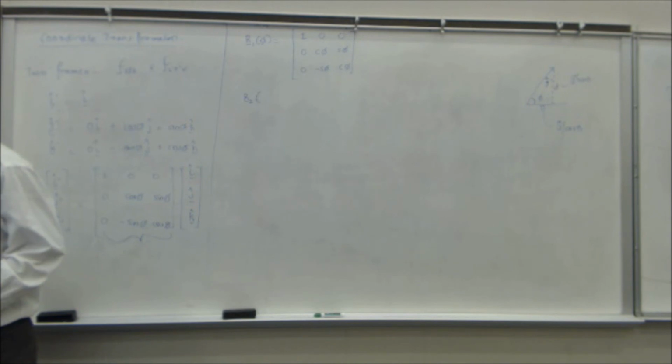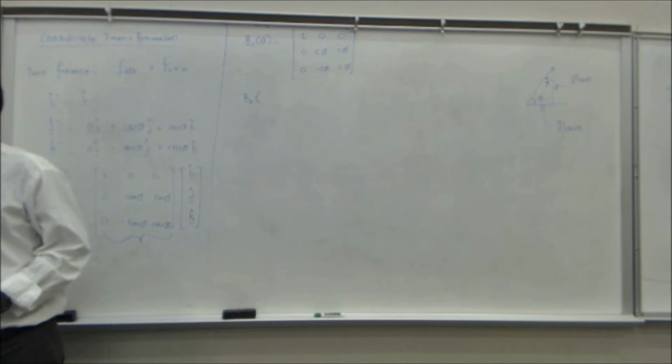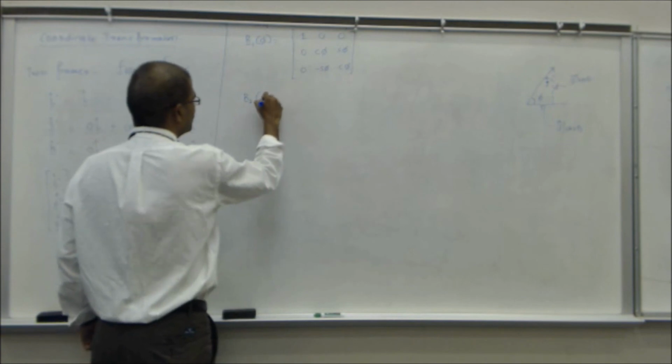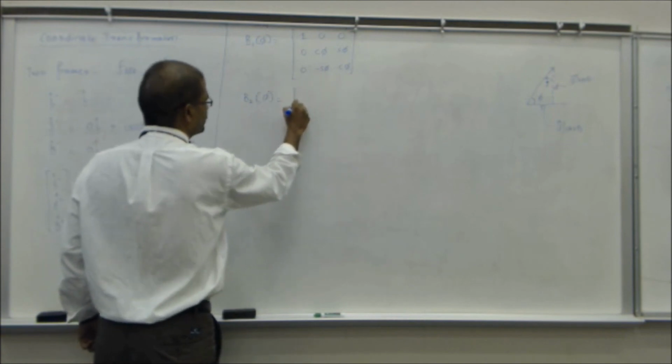So what is this rotation? About j by an angle phi. Okay. So if you do R2 phi, you're going to get something like this.